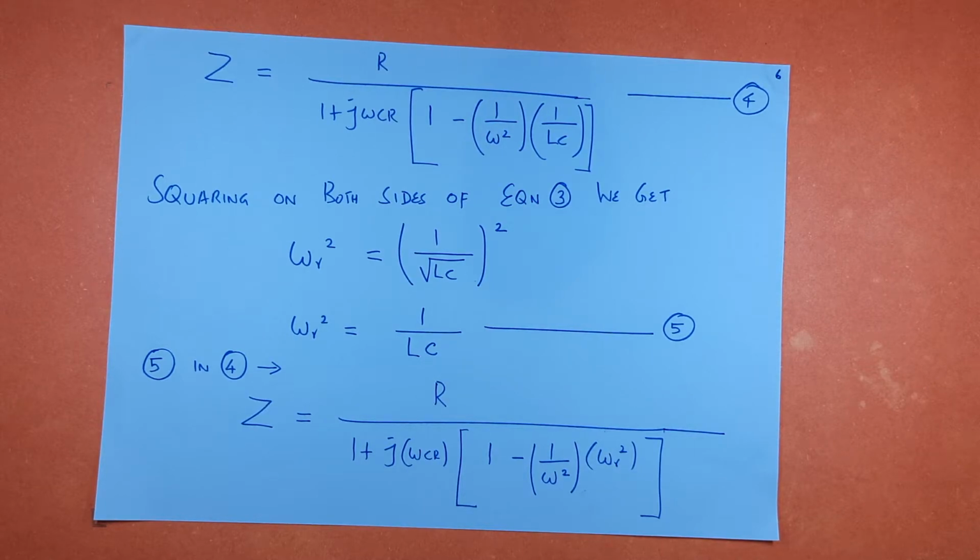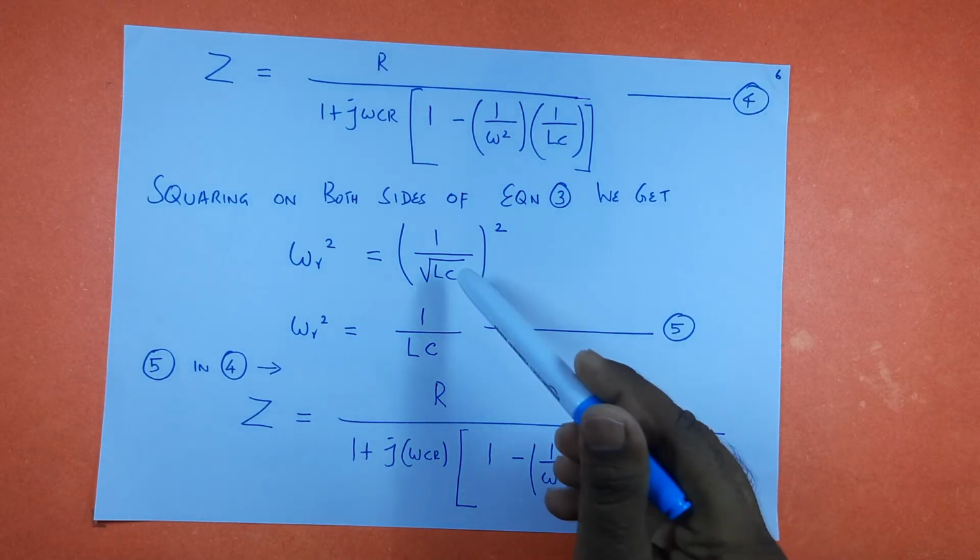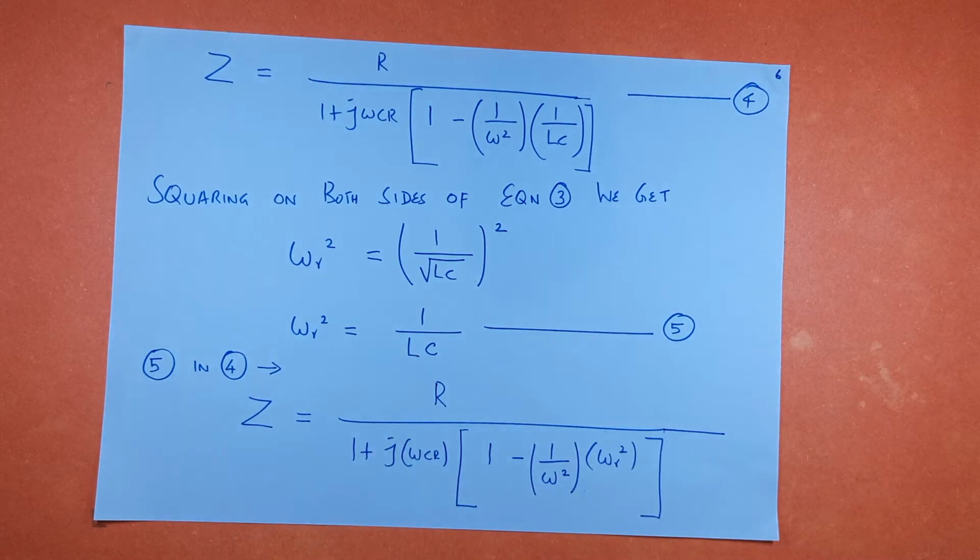Now you square both sides of equation number 3. So omega R square equals (1 by square root of LC) the whole square. Square and square root will cancel. So you have omega R square equals 1 by LC. This is your equation number 5.